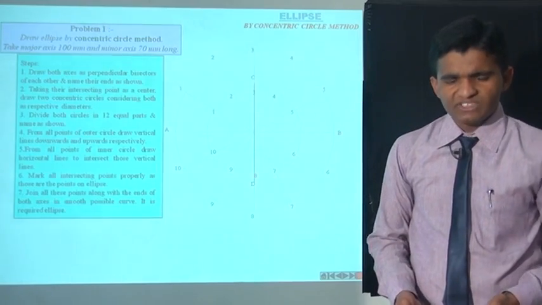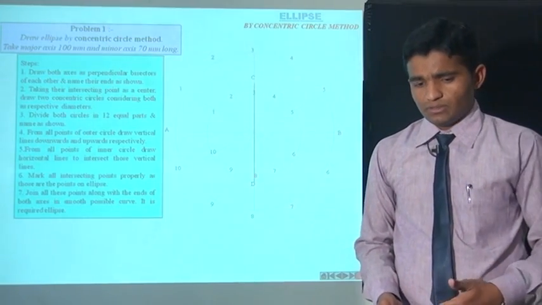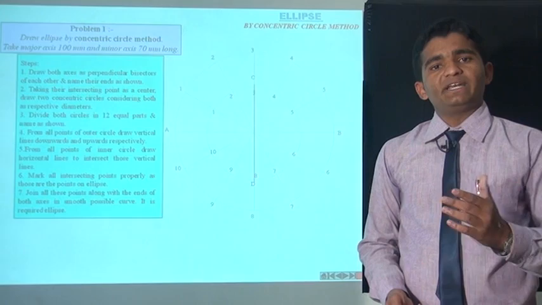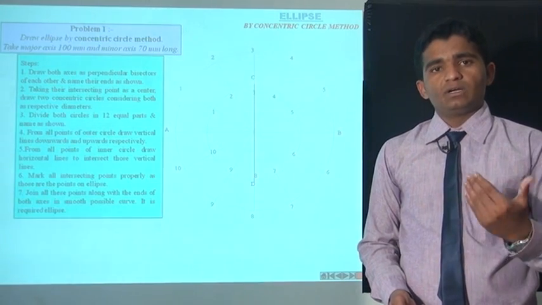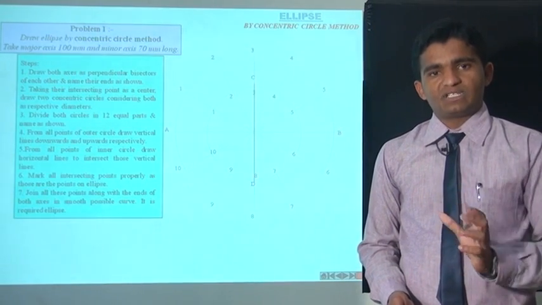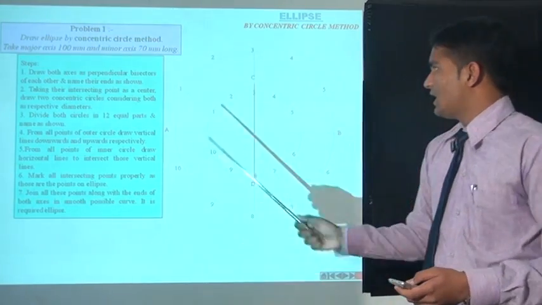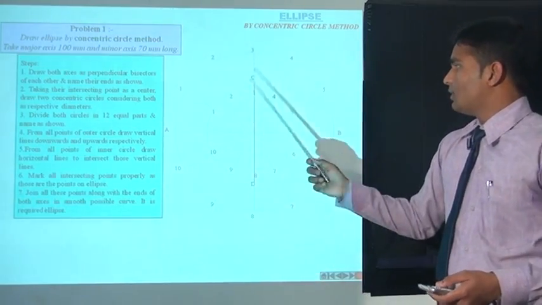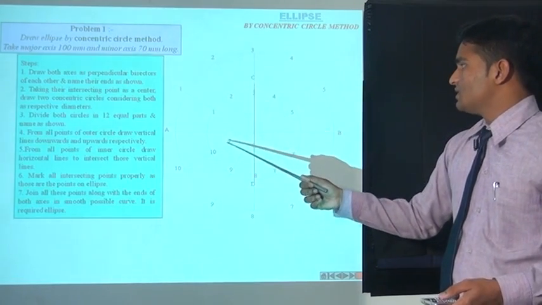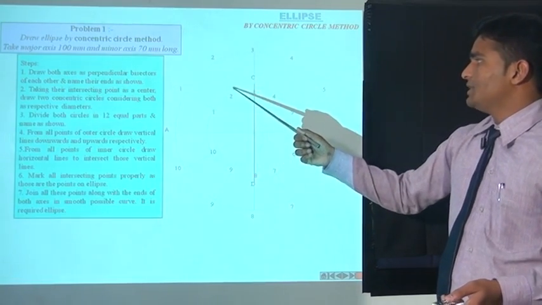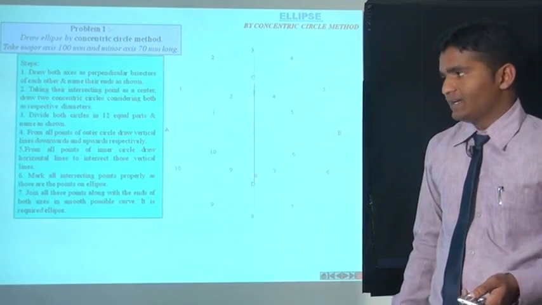So now the next step is to draw vertical lines from the points of the outer circle. Let's see the points which are above the line AB. Draw the vertically downward line.